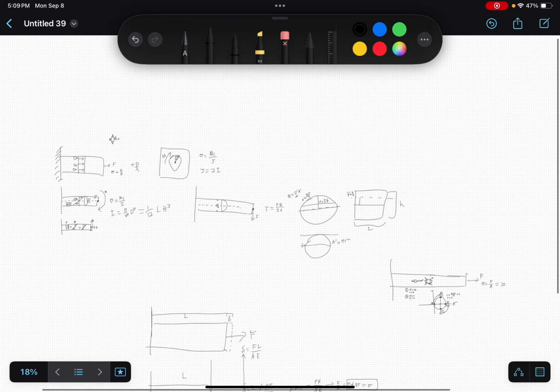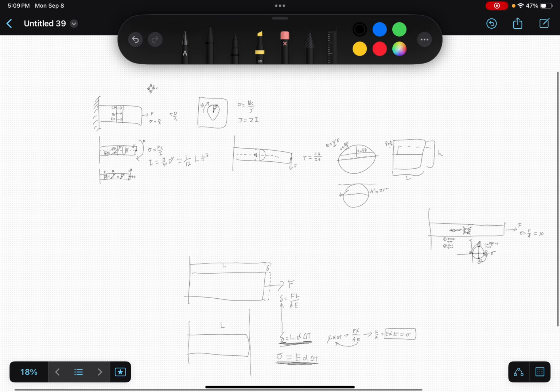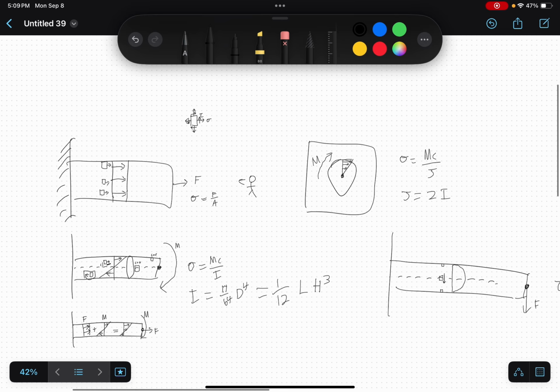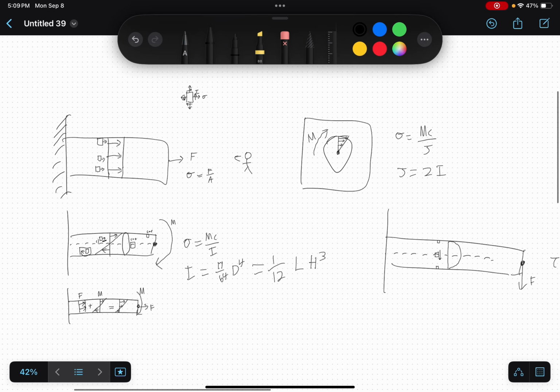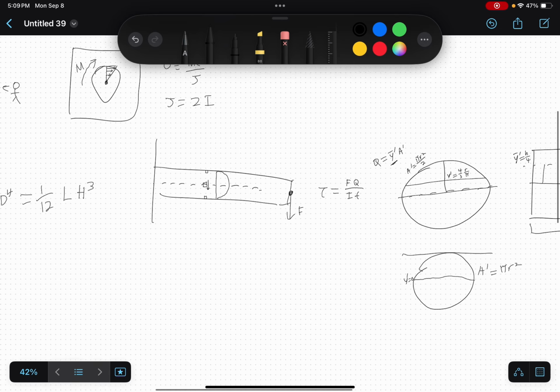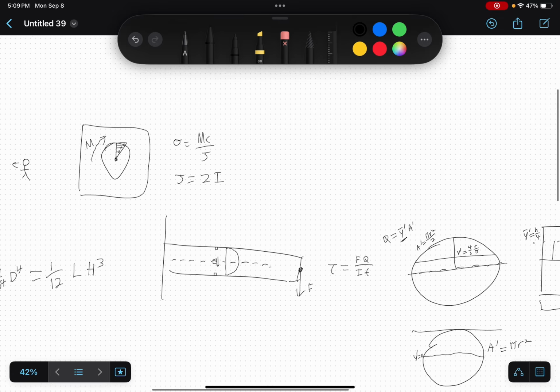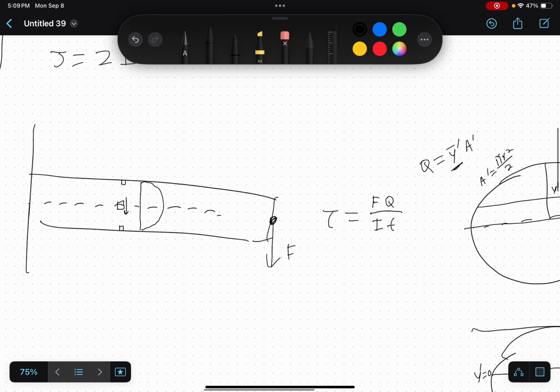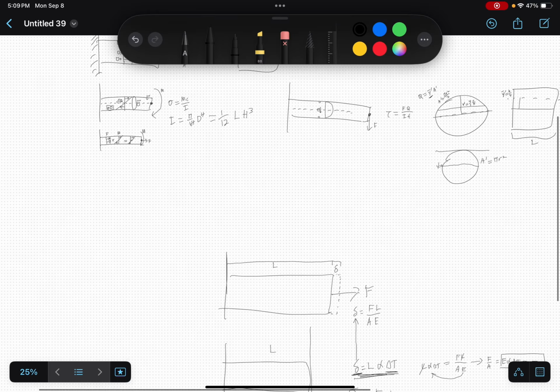I think that's it. Probably sped through the video a little bit, but all the key points are in here. You have three types of normal stress: F over A, MC over I, MC over J. You have your one type of shear stress, FQ over IT.